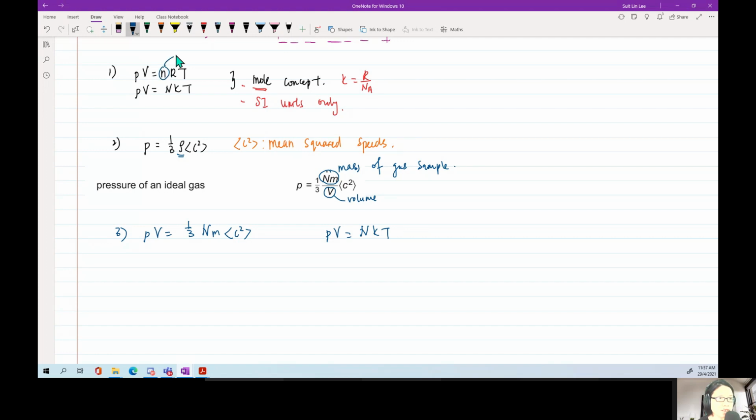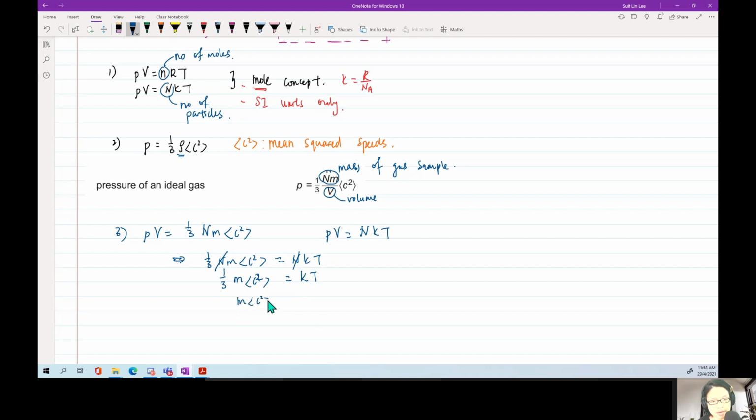If you don't know, small n is number of moles, capital N is number of particles. So equate them: 1 over 3 Nmc square is equal to NkT. Can cancel the N? Can. So you have 1/3 mc square is equal to kT.